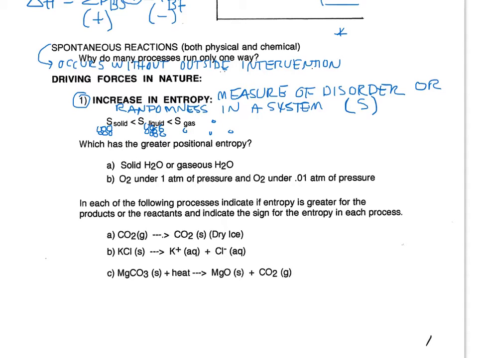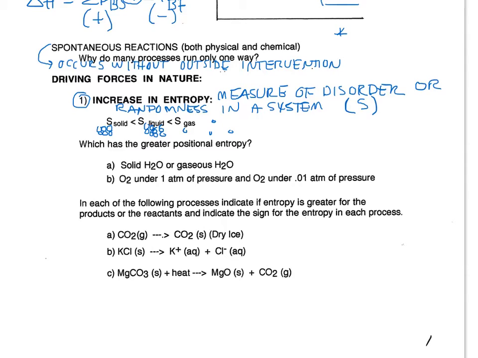We will not need any outside intervention for it to do that. If I were to spray a gas into this room, even a perfume, so that you could smell it, it would spontaneously fill the room. And then heat. Good old heat will flow from hot to cold, and not spontaneously vice versa from cold to hot.